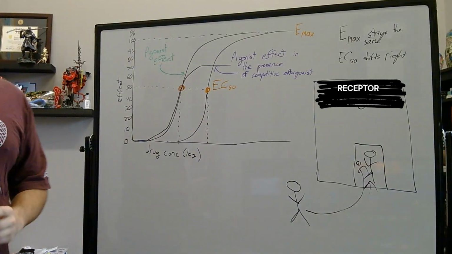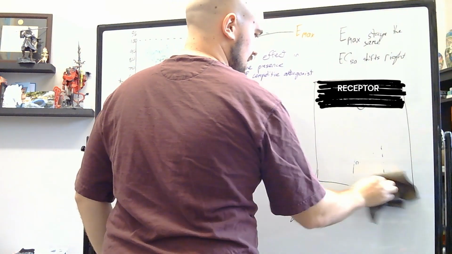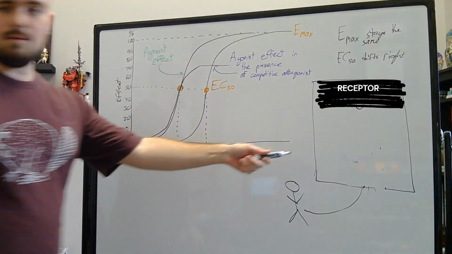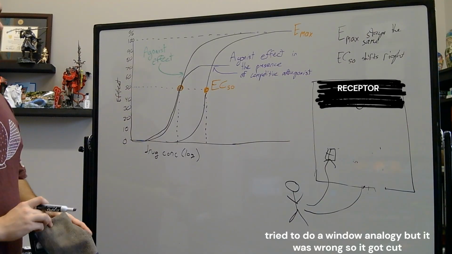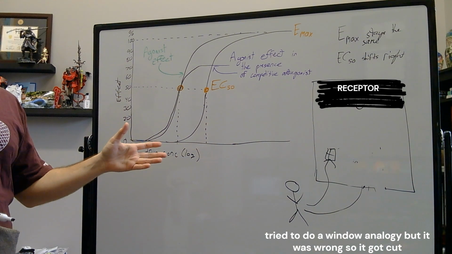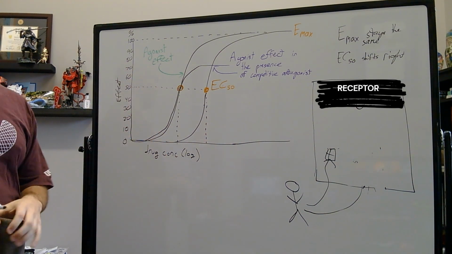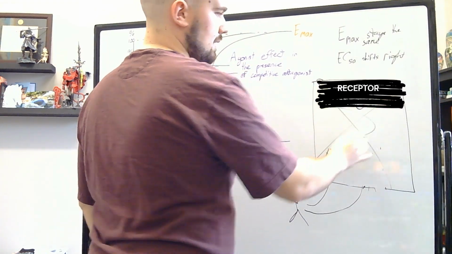So a non-competitive antagonist is someone who just removed the door. That's non-competitive antagonism. An irreversible antagonist is someone who just blew the building up, the receptor.